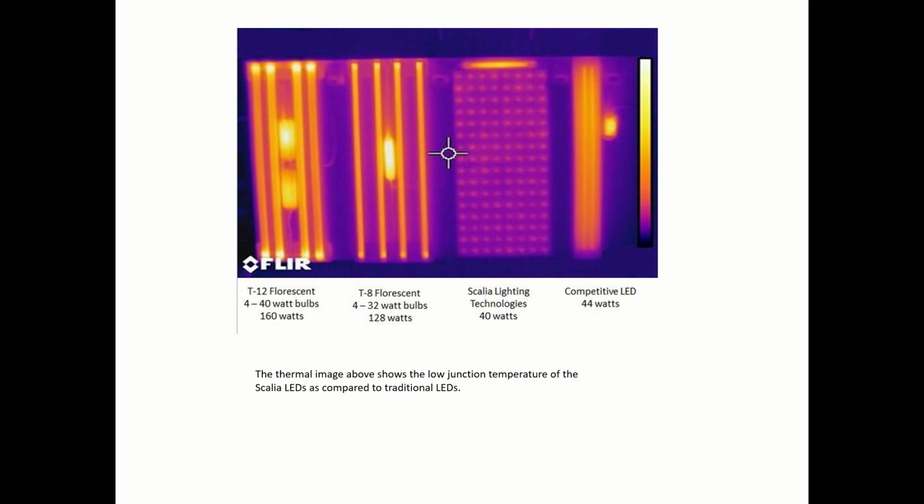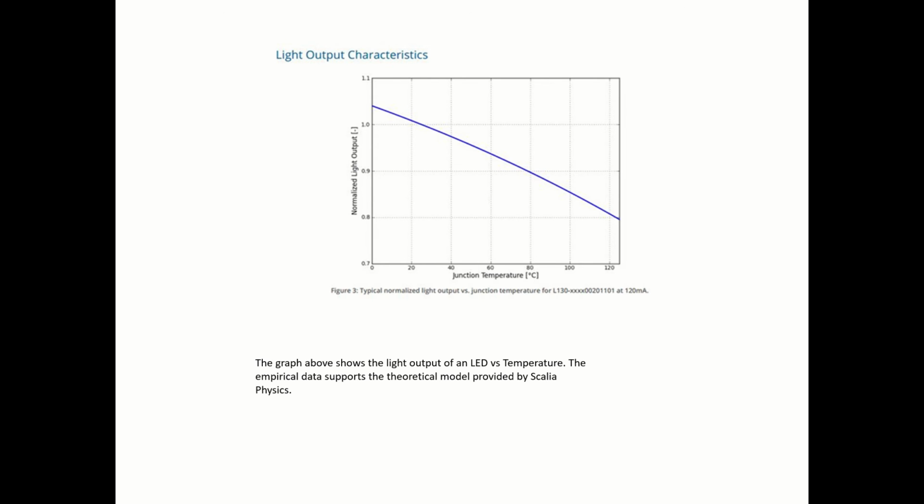So here is a thermal image of fluorescent lights and normal LEDs, and then our LED board in the middle. Purple is cold and orange is hot. So we can see that this is not just a theory. We can actually measure it and know that our LEDs are running at 1 or 2 degrees above ambient, while the other ones are running at 60 degrees above ambient.